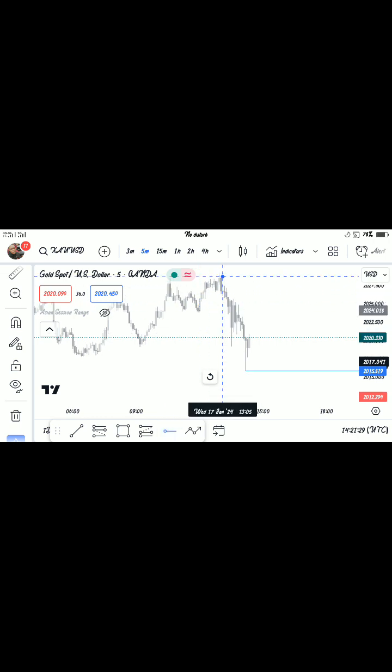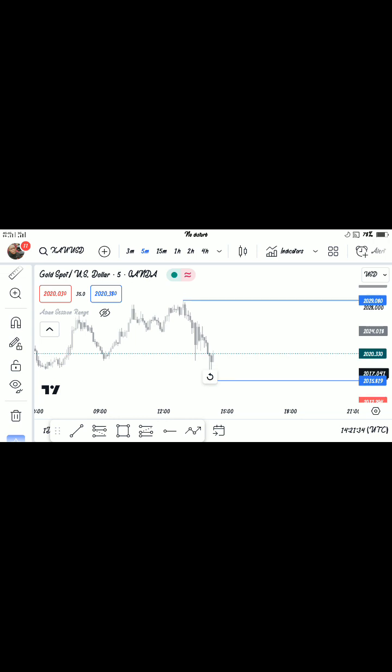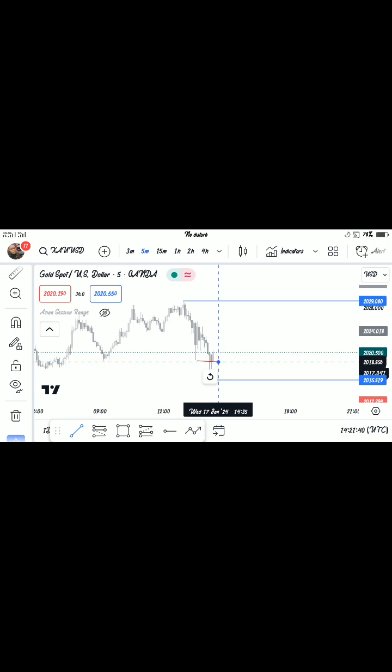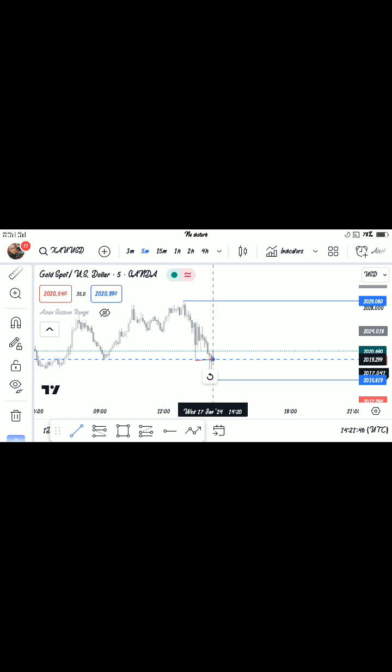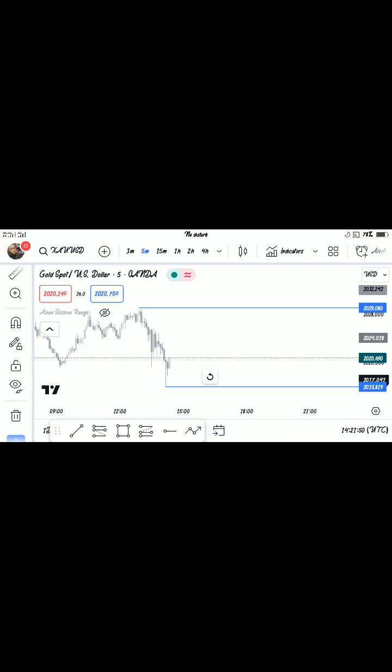Now this is my high. If I want to buy this trade, I know there is a break of structure here, but I can't take the trade based on this. It's against my rule.